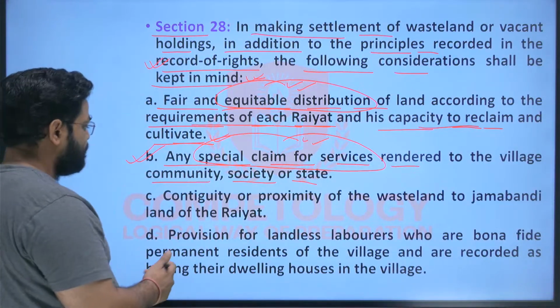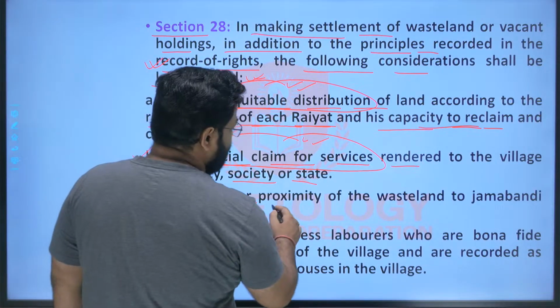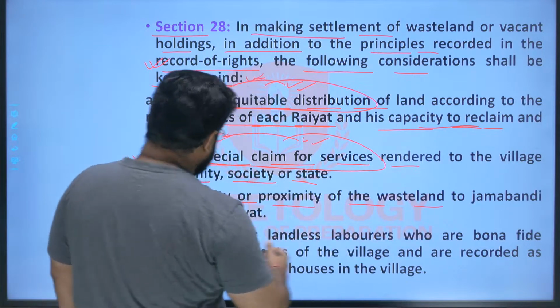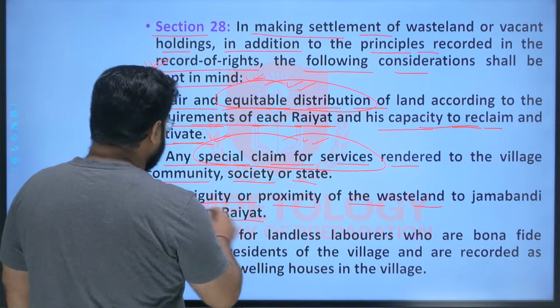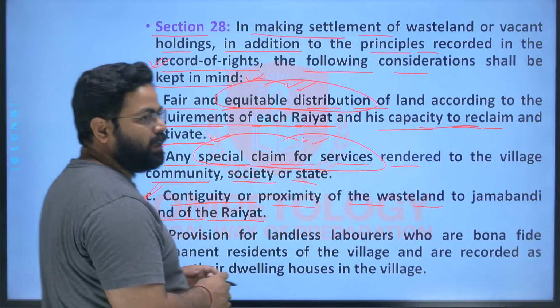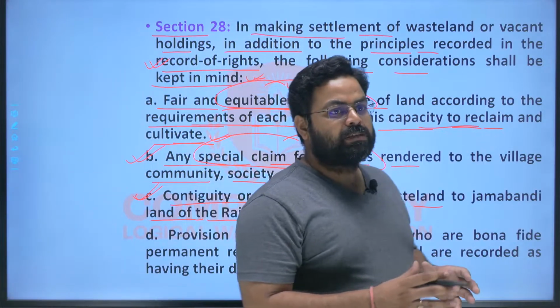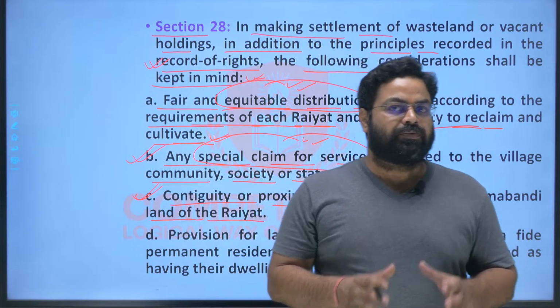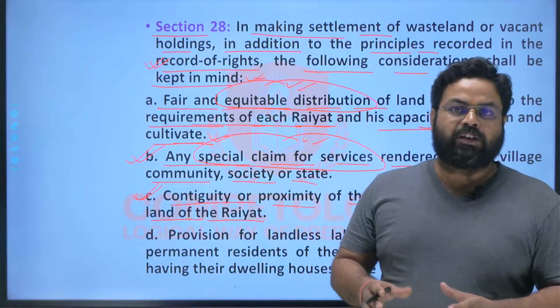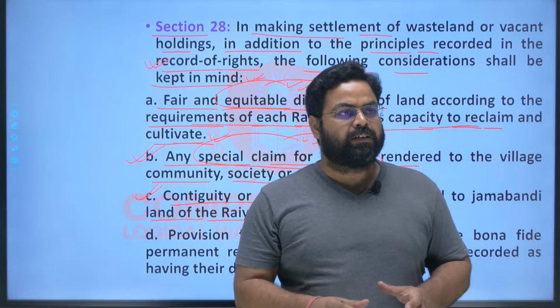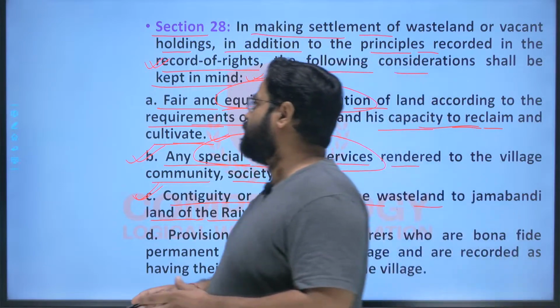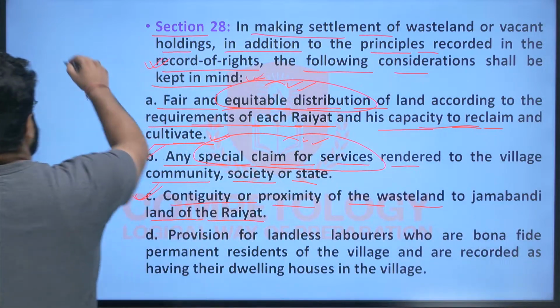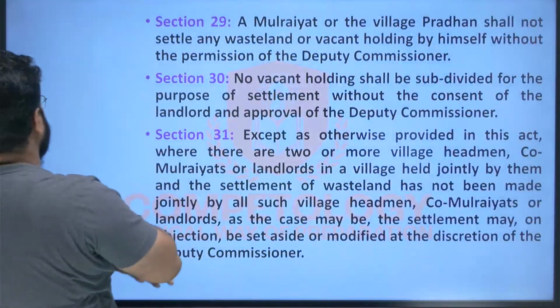purpose, right? Next is contiguity or the proximity of the wasteland to the jamabandi land of the rayat should also be considered. So it should be a principle that those rayats should be preferred first to settle any of the vacant land or the wasteland whose land is in the vicinity of the vacant land. So suppose that here it is a vacant land, right?